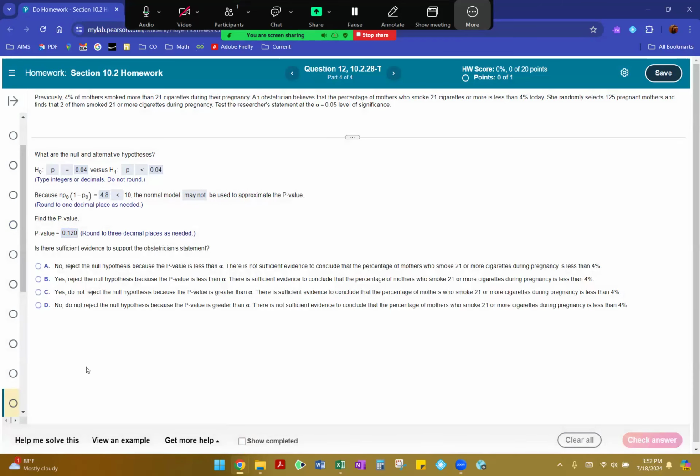Let's check that. And it looks good. So remember, the idea when you are comparing the values is you need to see, in comparison with the level of significance, the alpha value, what our p-value looks like.